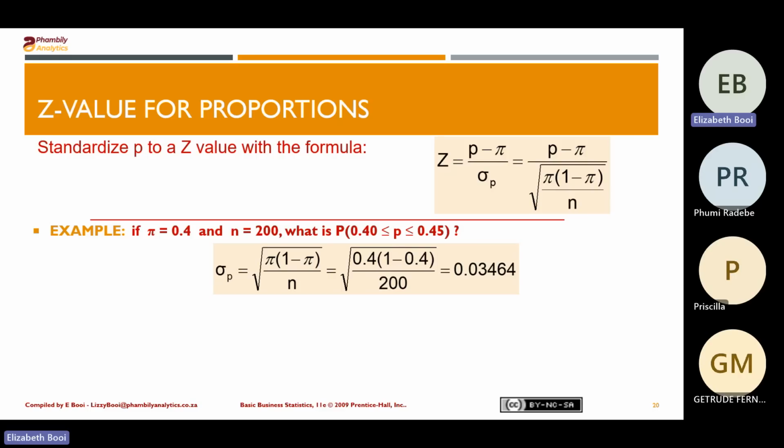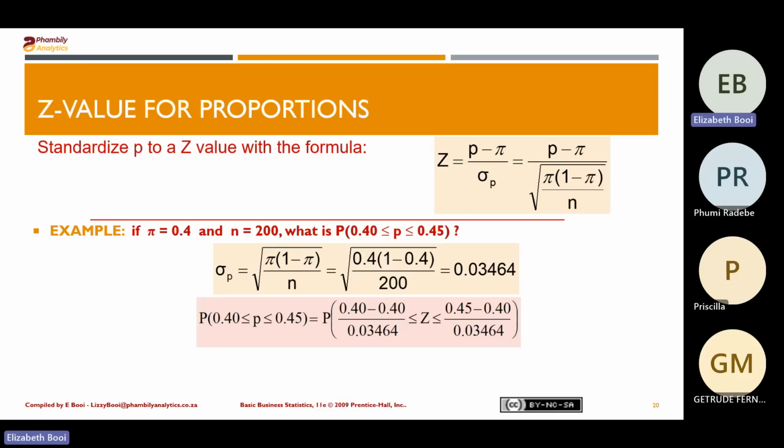If you are using a Casio calculator, you don't have to calculate it first. You can just substitute your values onto your fraction calculator and it will do the calculations. If you are using another calculator that does not have the fraction button, then you will need to calculate your standard error first and then substitute the values into the formula.